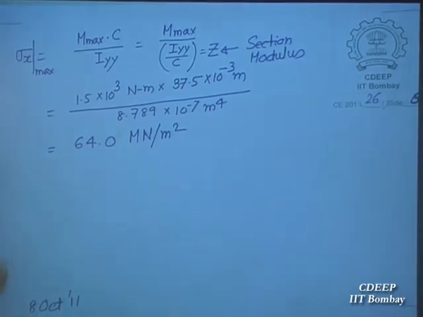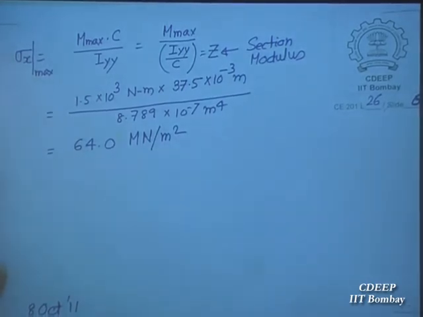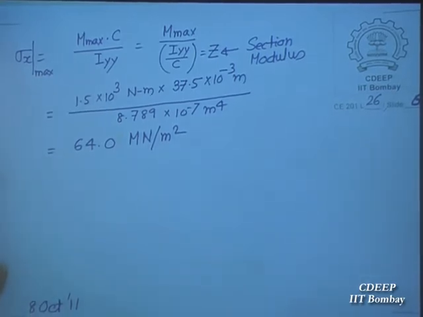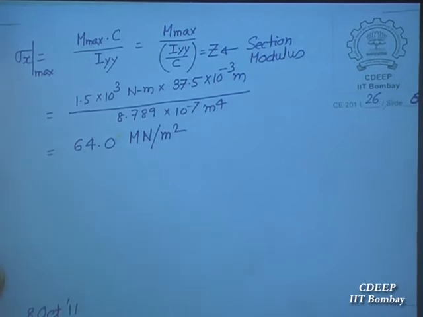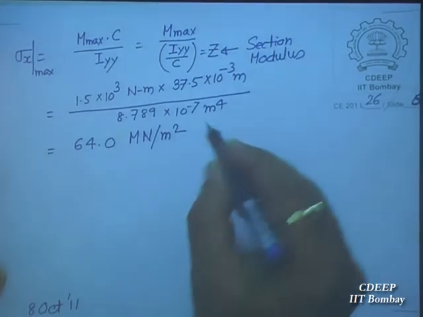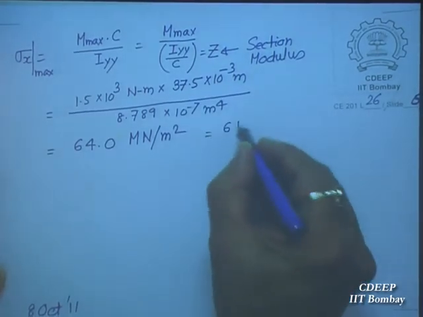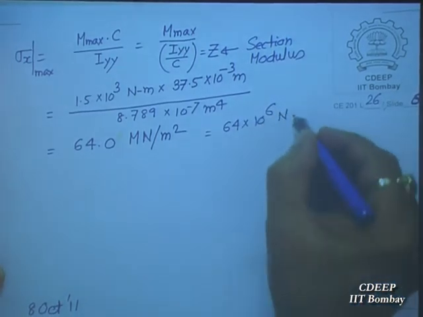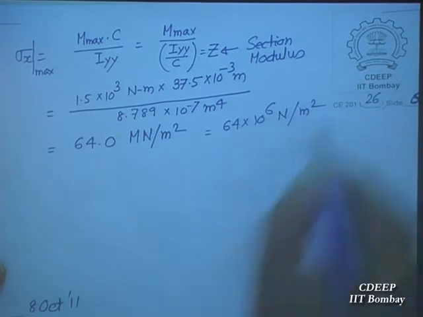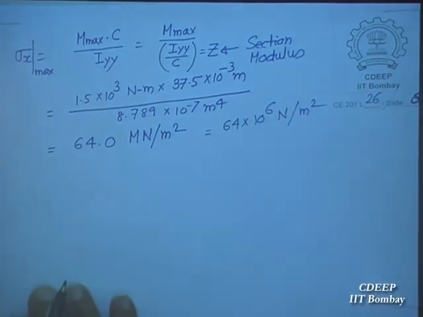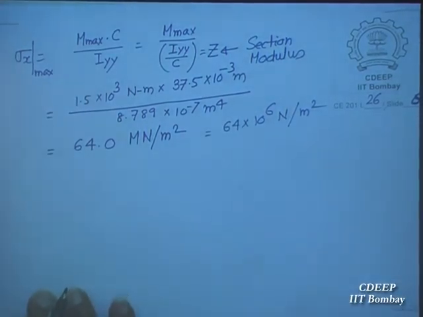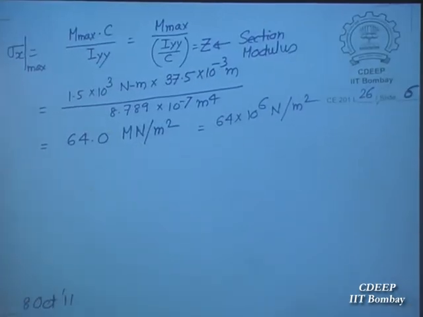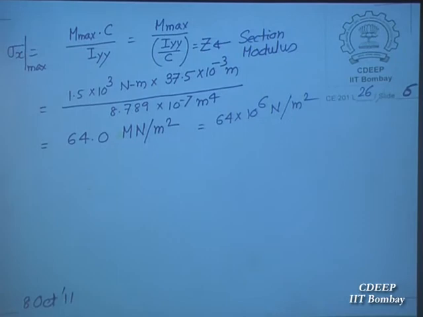Mega Newton. Mega is how much? 10 to the power of 6 Newton. Check up. So this is 64 into 10 to the power of 6 Newtons per meter square. Please check. I just wanted to tell you this is how it is computed.